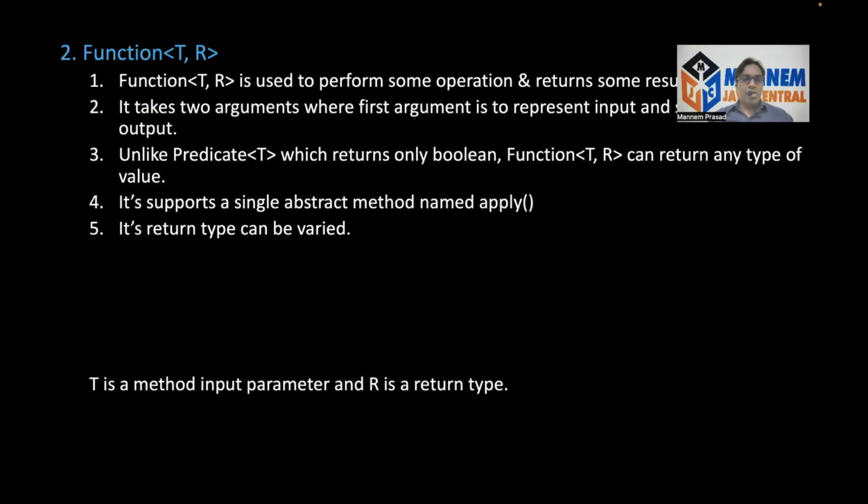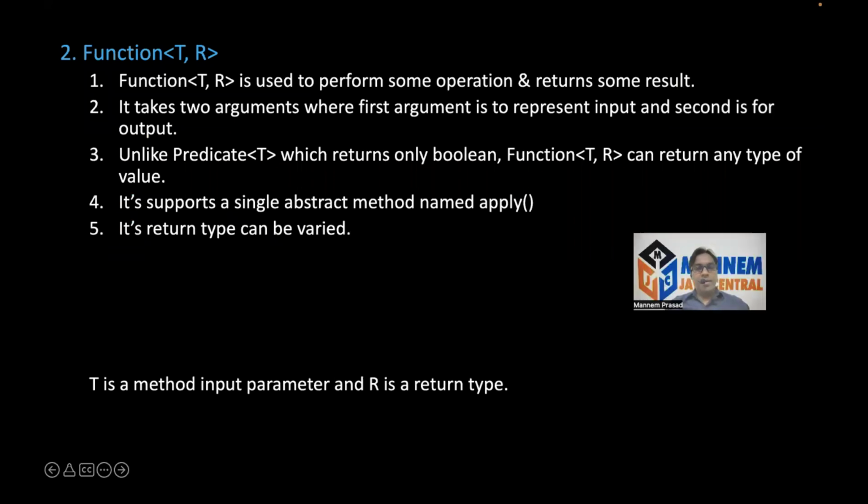Next one is Function. Unlike predicate, the function is used to perform some operation and return some result. In the predicate, it is taking the value and it returns a boolean value, either true or false. Here, function is taking one parameter.